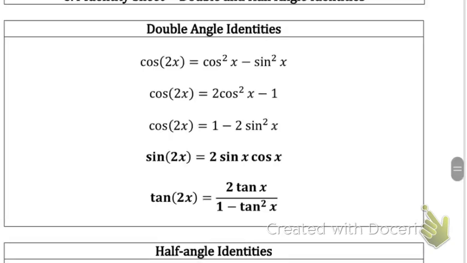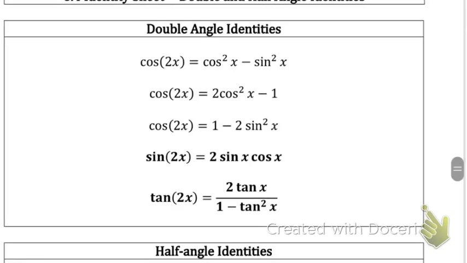So then we're going to look at our identity sheet and say, well, cosine 2x equals 2 cosine squared x minus 1. Well, I can use that one to solve for just plain cosine of alpha. Because as I write this out, we can rewrite this as cosine 2 alpha equals 2 times cosine squared alpha minus 1.